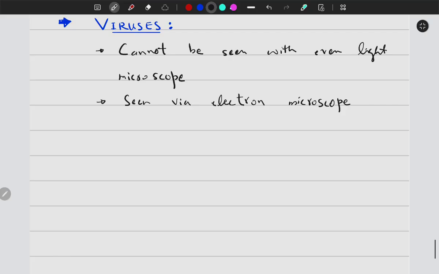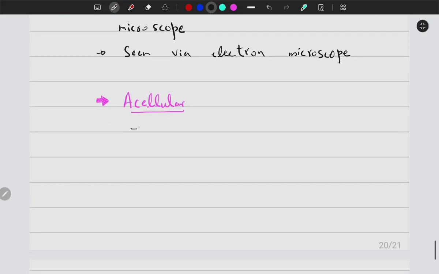Furthermore, viruses are considered to be acellular entities. All right. Acellular entities. It means that they are not made up of cells. Not made of cells.